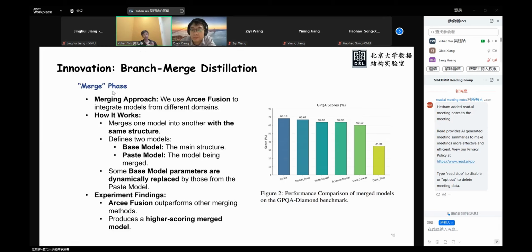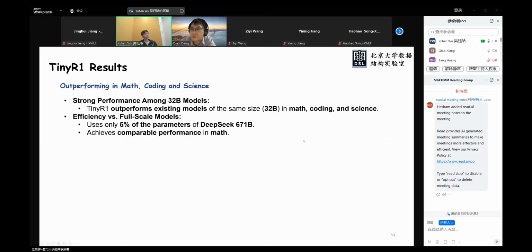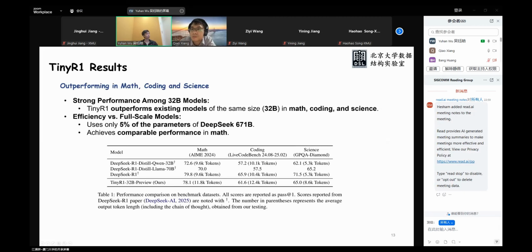So we tried to find an algorithm that can get the highest science score. And actually, we did. And look, that's a 68 score, right?